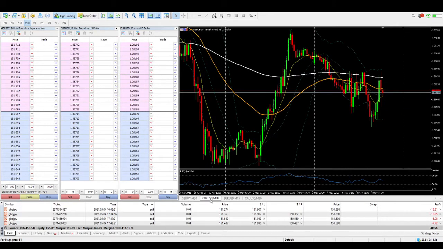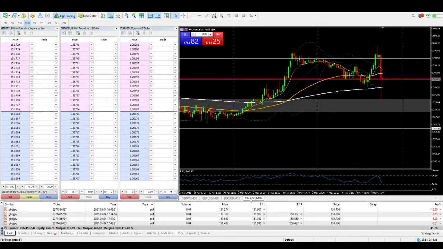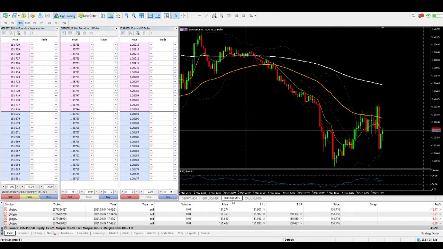Let's see what's happening with pound US, and this is the euro USD, and this is the gold. I put some trades in another broker. It's here in euro US. I put a sell, so now it went down, but then it went back up. So that's what happened to that.